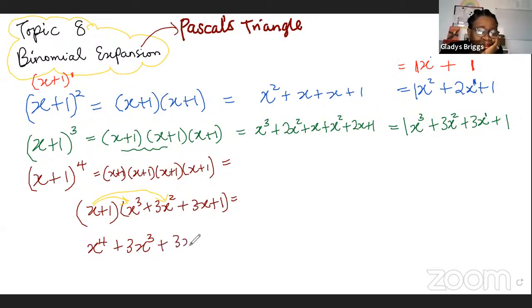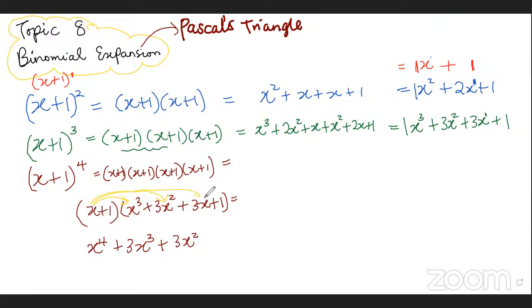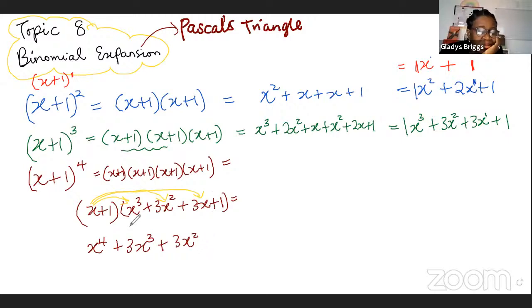Plus 3x to the power of 2 plus x. Plus 1x. Now times 1, we'll just repeat that part: x cubed plus 3x squared plus 3x plus 1.